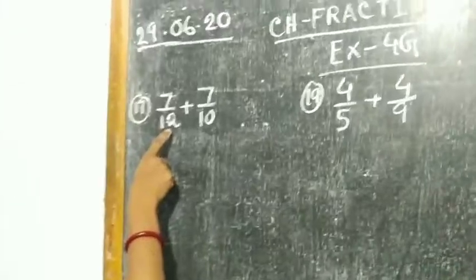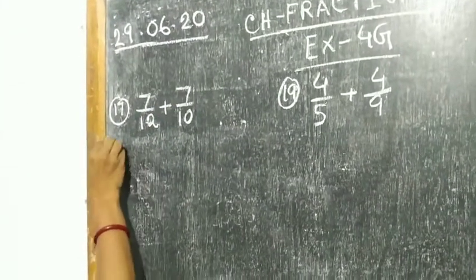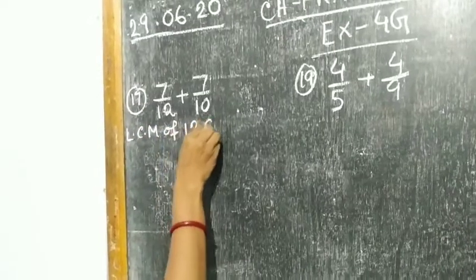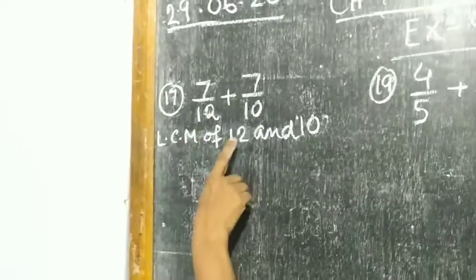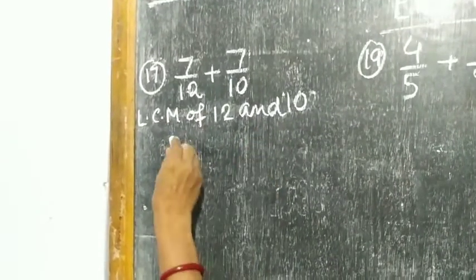Now children, let's do sum number 17. So you have to add the fraction 7 by 12 and 7 by 10. So first what you have to do, you have to take the LCM of the denominators 12 and 10. I shall apply here the repeated division method to find out the LCM.